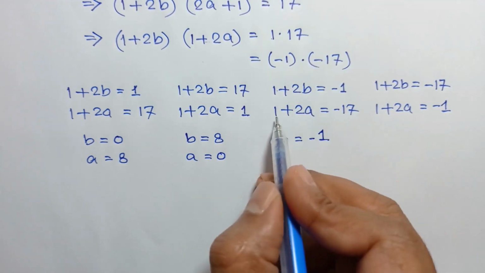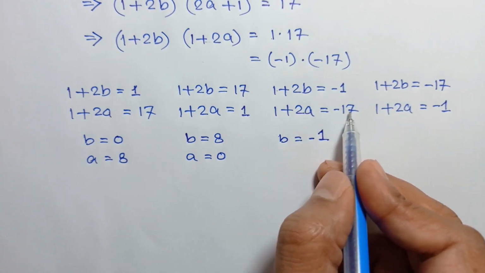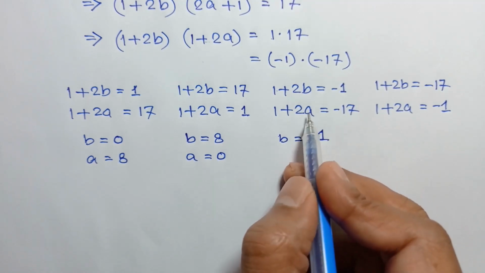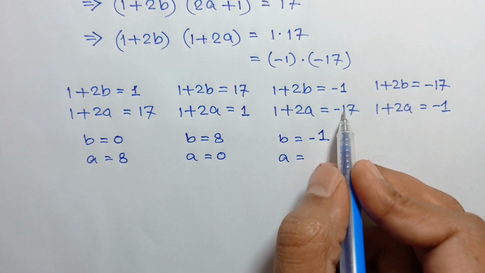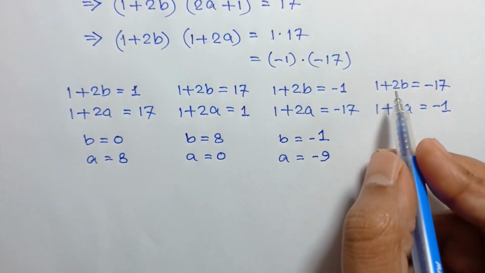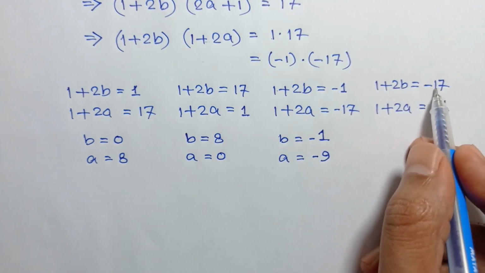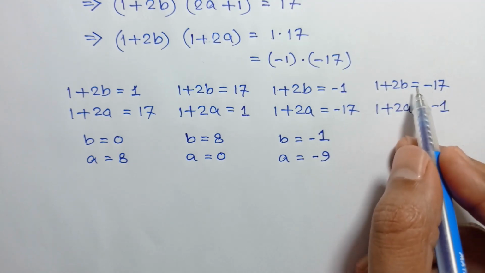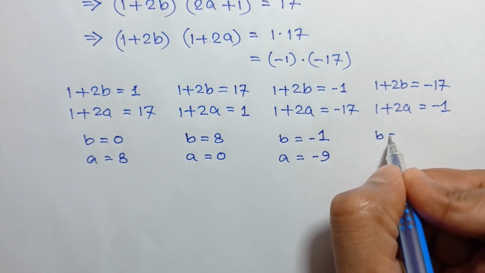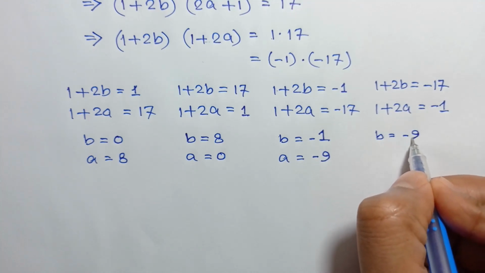And from here, taking this 1 to the right side, we will have 2a is equal to negative 17 minus 1 is negative 18, and dividing both sides by 2 we will have a is equal to negative 18 divided by 2 is negative 9. And from here, taking this 1 to the right side, 2b is equal to negative 17 minus 1 is negative 18, and dividing both sides by 2, we will have b is equal to negative 18 by 2 is negative 9.